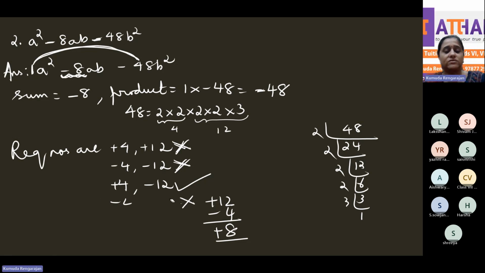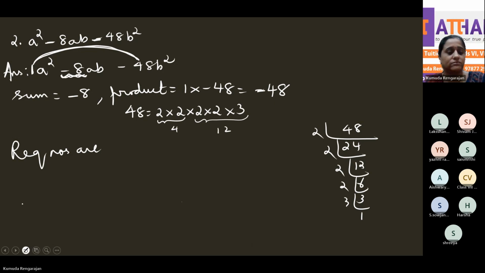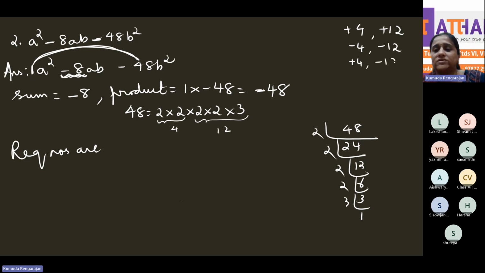Take both the numbers positive, both negative, first negative and second positive, first positive and second negative. Just write it here. You'll have to try 4 and 12: both positive, both negative, this positive while this negative, while this positive.